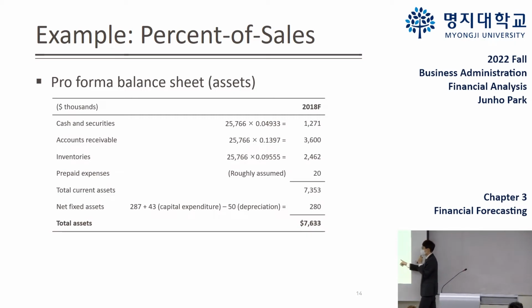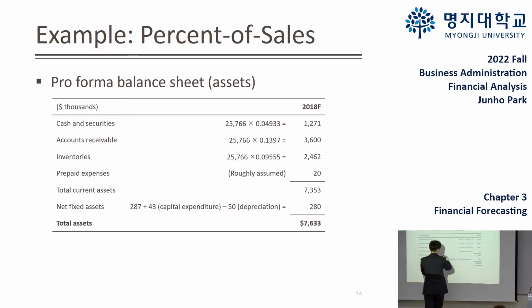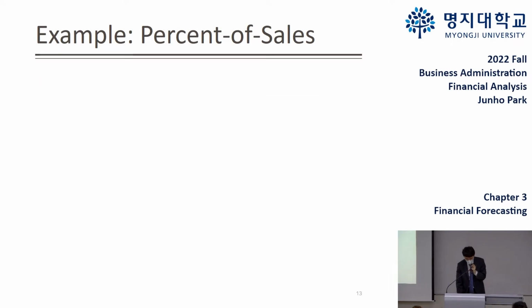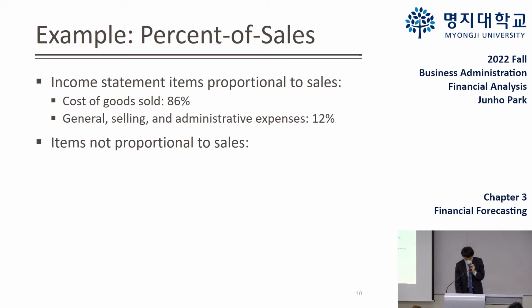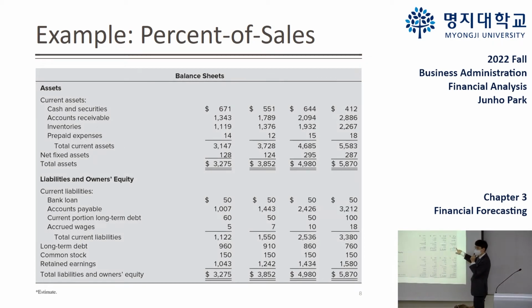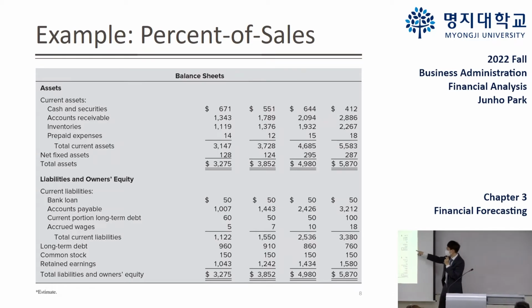And then now we have current assets, but the last thing we have to think about is fixed asset. So in the last year, the net fixed asset was 287, and it will be the net fixed asset at the beginning of the year of 2018.